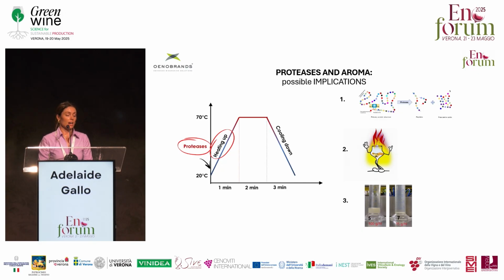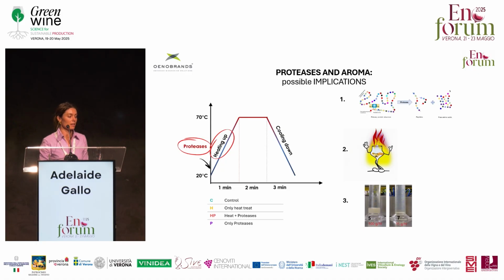And then after alcoholic fermentation, you have protein stability, which means that you cut down on the addition of bentonite with all possible consequences. In our tests, we experimented by adding protease with heating and without heating at different temperatures, and only heat as well.